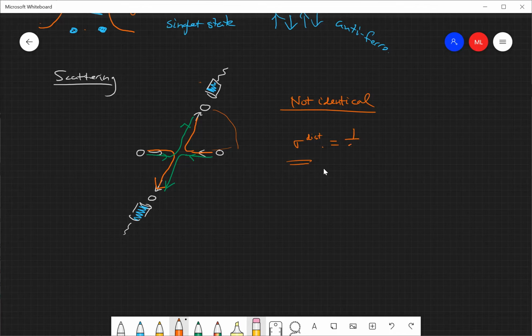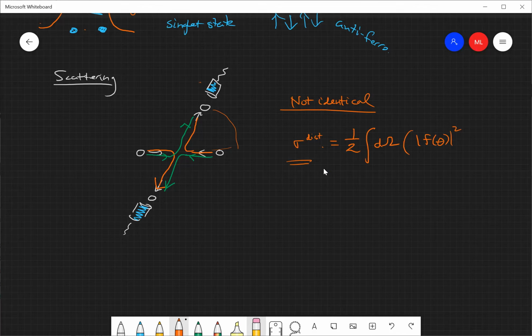So the total cross section is just going to be half of the integration over a whole sphere, due to the fact that there's two detectors. And it's just going to be a sum of the probabilities associated with those two kinds of scattering processes.